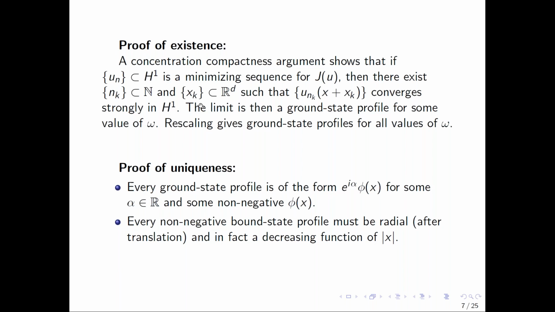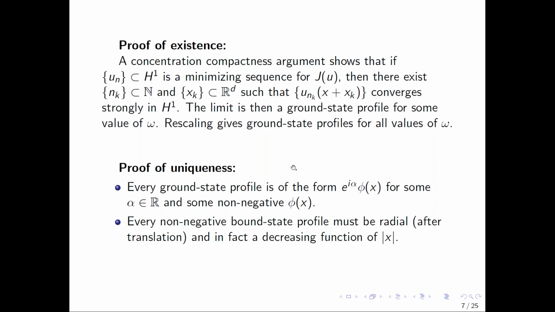And once you show that, then it's easy to see that the limit has to be a ground state profile for some value of omega, and then you can rescale to get other ground state profiles for other values of omega. So Weinstein did this before proving uniqueness.